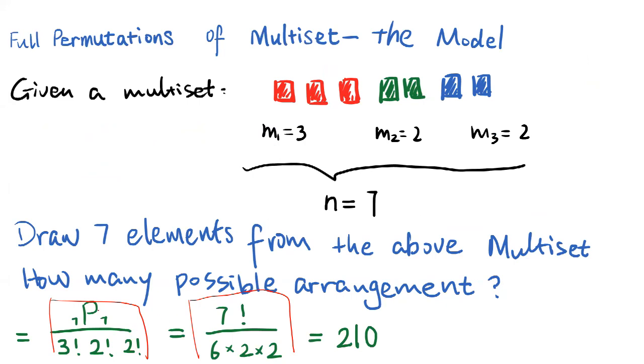Note that 7 is the total number of elements in this container, and 3, 2, 2 are the number of identical elements of the red blocks, green blocks, and blue blocks, respectively.